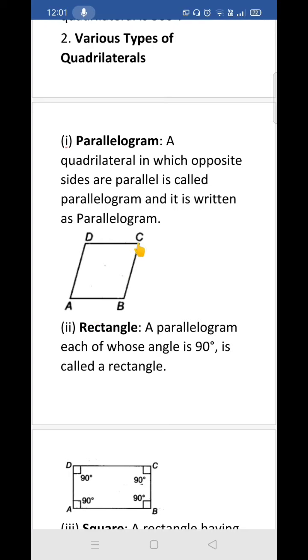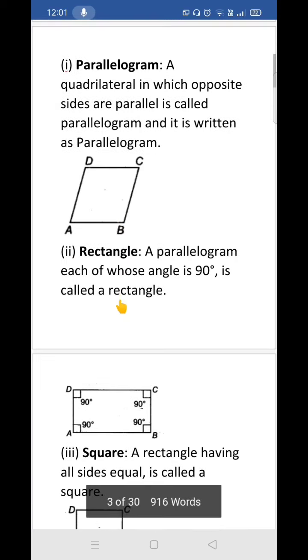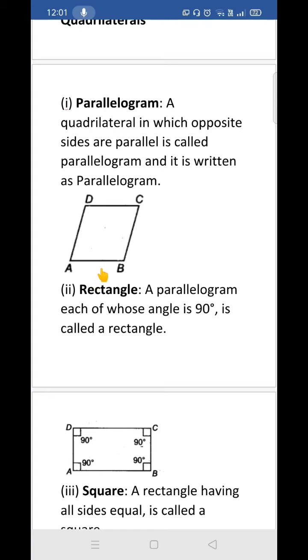Here you can see AD and BC are parallel, and DC and AB are parallel. So parallelogram means the opposite sides are parallel to one another, and parallel means the distance between them is equal.